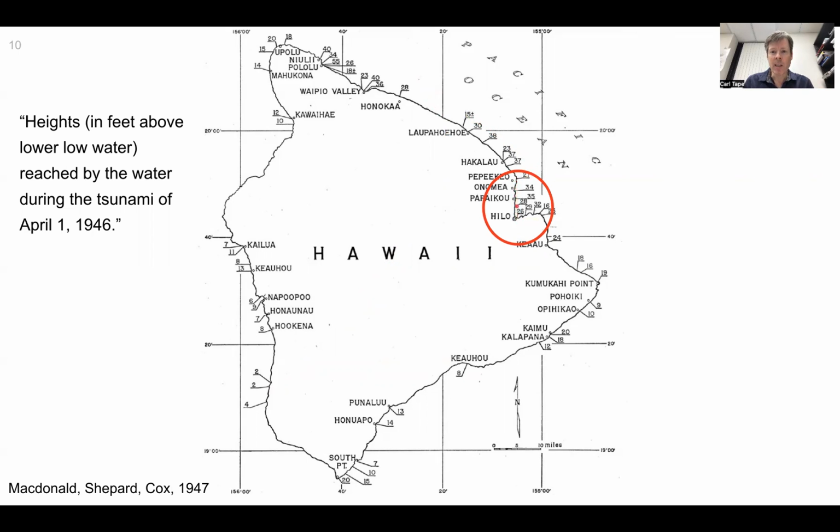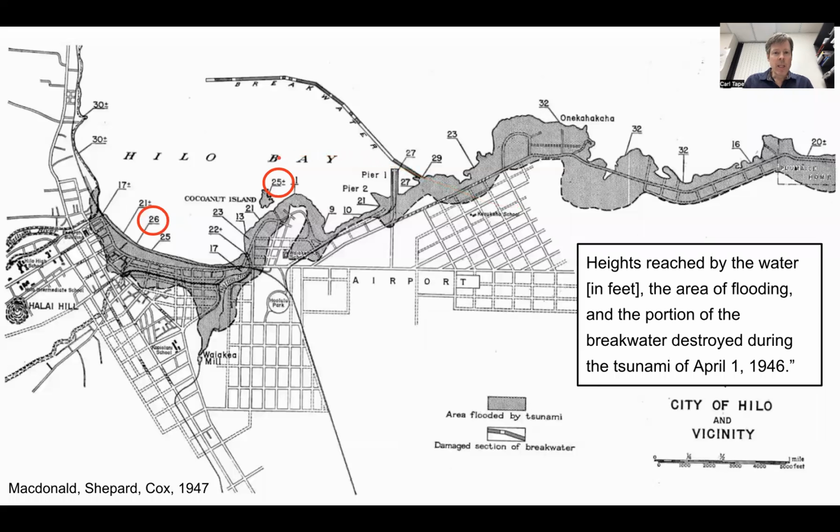We'll now zoom into Hilo. So here's Hilo Bay, showing the same heights reached by the water in feet, the area of flooding, and the portion of the breakwater shown here, destroyed during the tsunami of April 1st, 1946. And here we see 32 feet, 23 feet, 25 feet, 26 feet here, the number that's quoted for the wave height in the harbor.